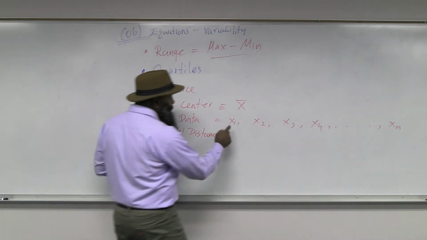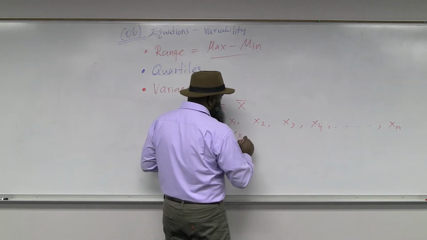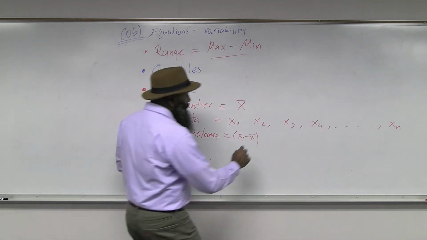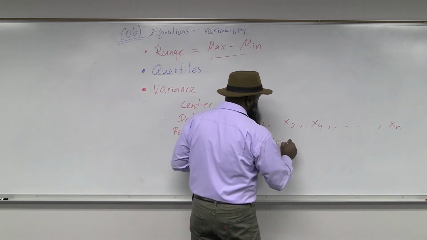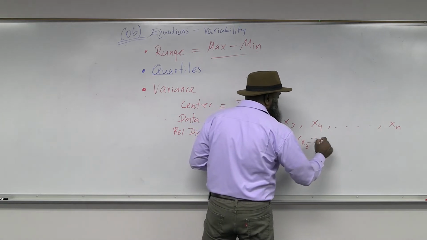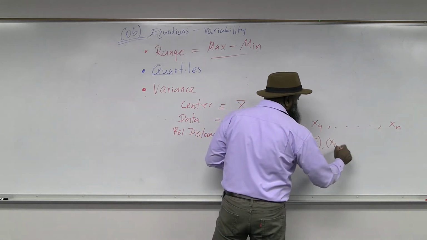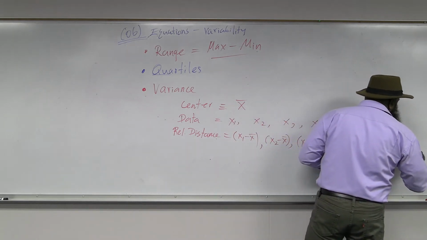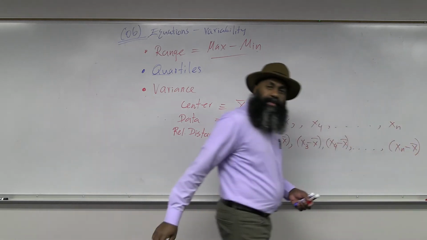From x1, it's x1 minus x bar. From x2, it'll be x2 minus x bar. From x3, x3 minus x bar. From x4, x4 minus x bar, and so on. From xn, it'll be xn minus x bar.